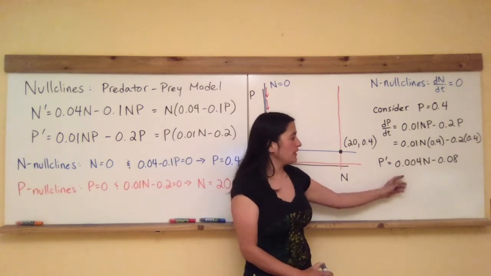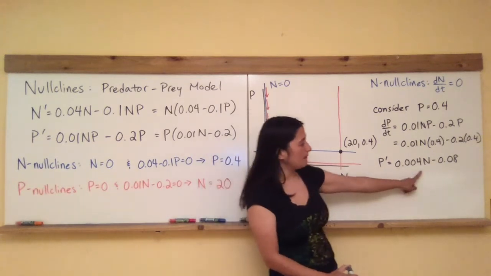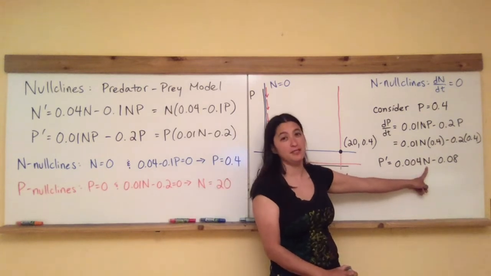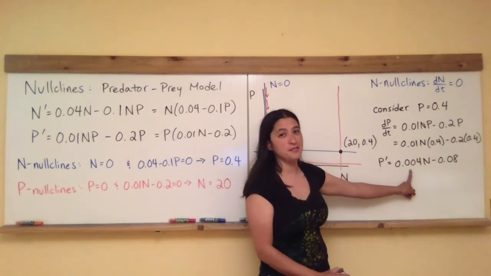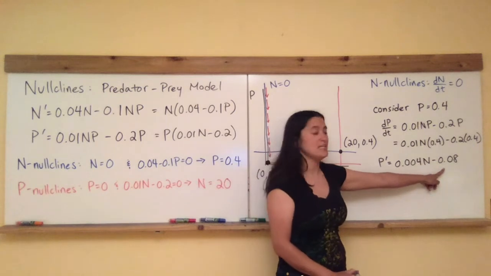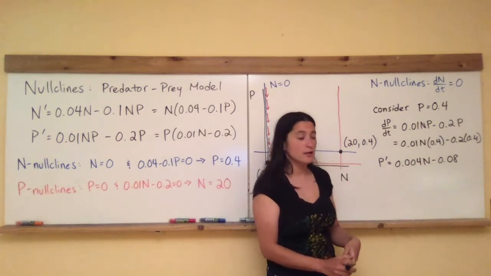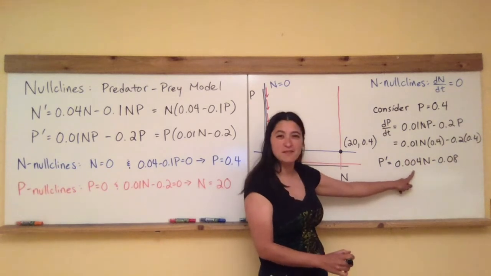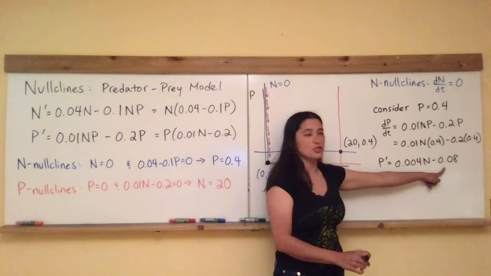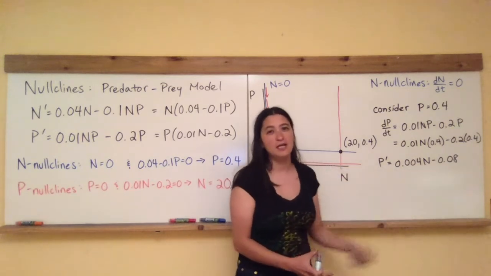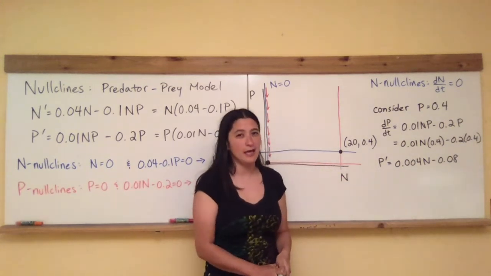I can see that if n is really big, like 1,000,000, then of course this positive term would be greater than that negative term, and so it would be positive, or pointing up. If n was really tiny, like 0.1, then this term would be less than that term, and so I would get a negative amount, and the vector field would be pointing down.